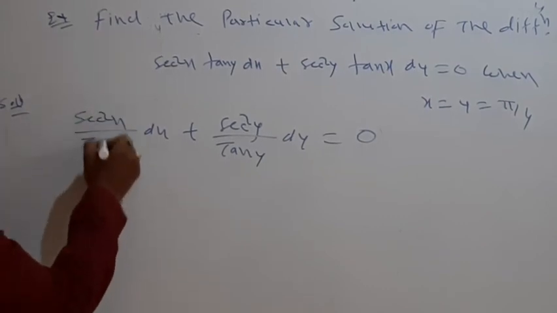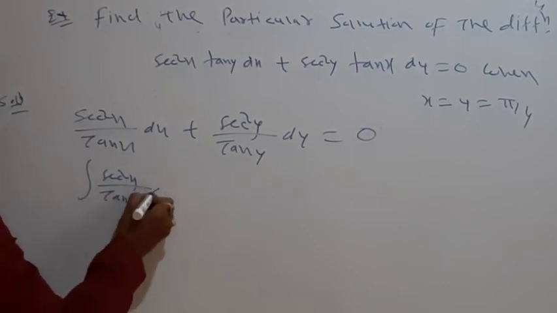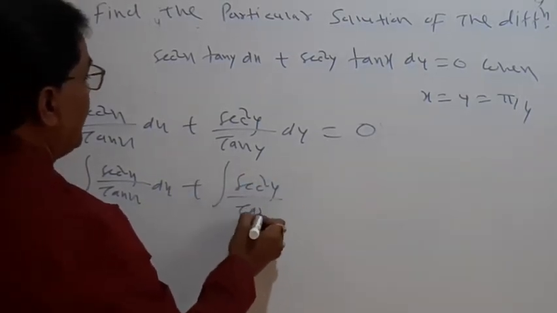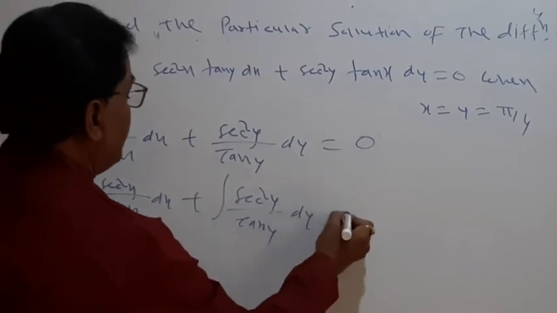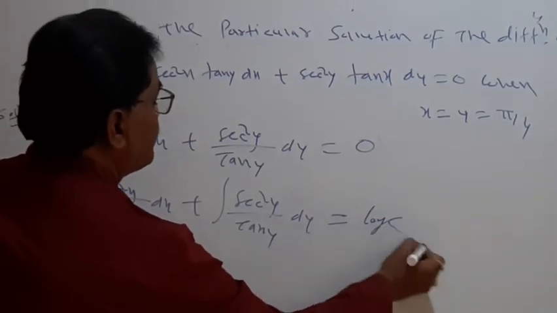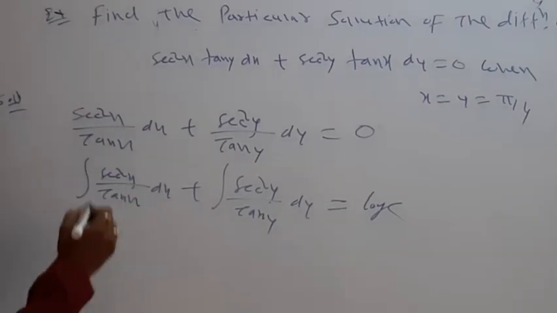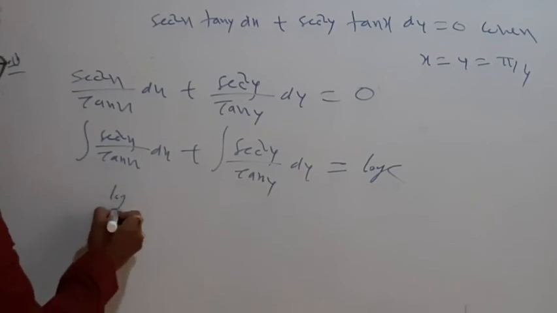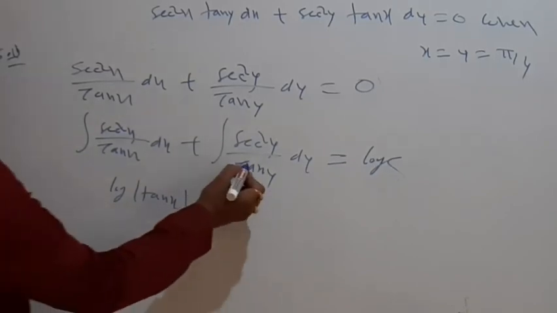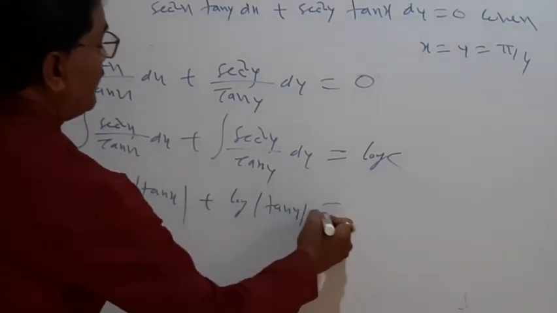Integrating both sides, integration of sec square x divided by tan x dx plus integration of sec square y divided by tan y dy is equal to some constant, say log c. Integration of f dash x upon f of x is log of f of x, so here log of tan x. Here also f dash x upon f of x, the derivative of tan y being sec square y, so plus log of tan y is equal to log c.